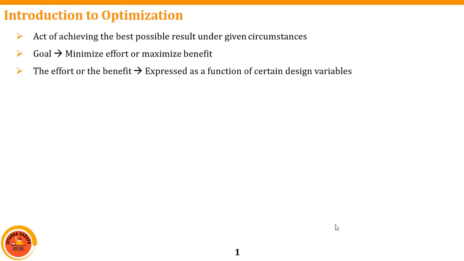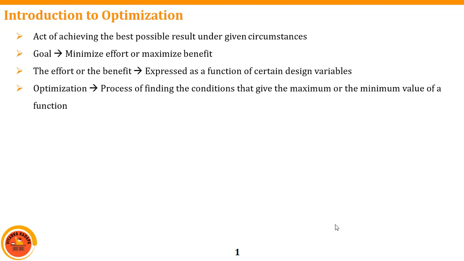In the previous example of the automobile, the input variables are the tires; sometimes I will discuss the engine capacity, sometimes the interiors of that particular automobile. So that depends upon various kinds of design variables. The simple definition of optimization is finding the conditions that give the maximum or minimum value of a function.